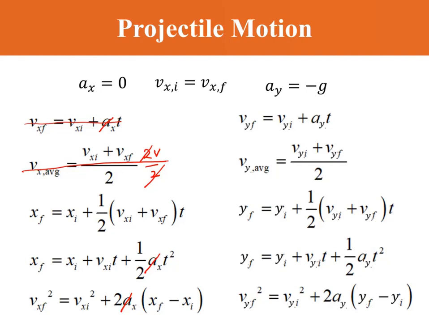And then for this equation, it doesn't have any a. So delta x equals half times v final plus v initial, times t. As we combine these two, since they are the same, it becomes 2v over 2, then cancel.